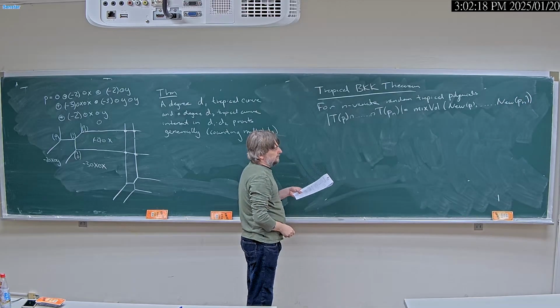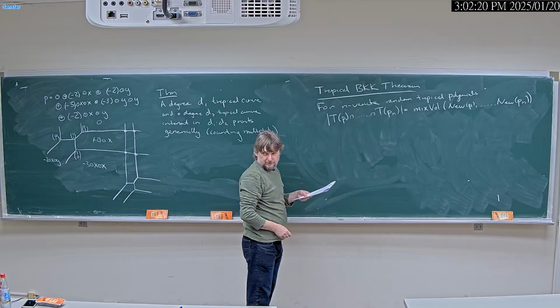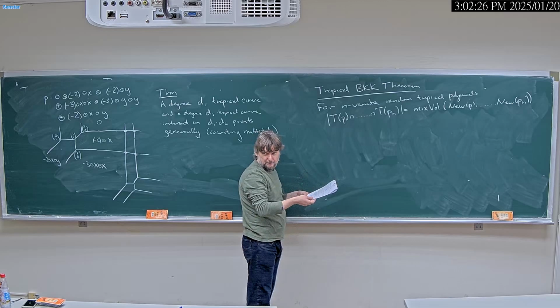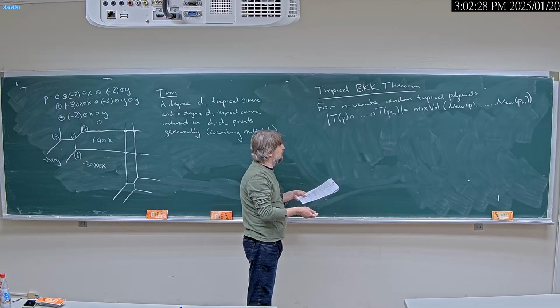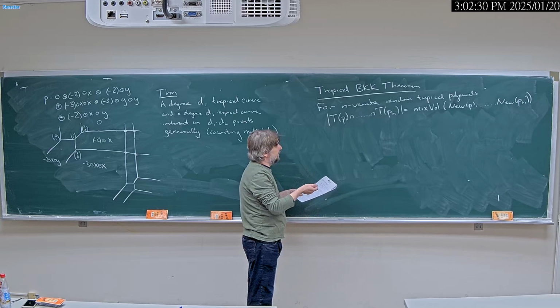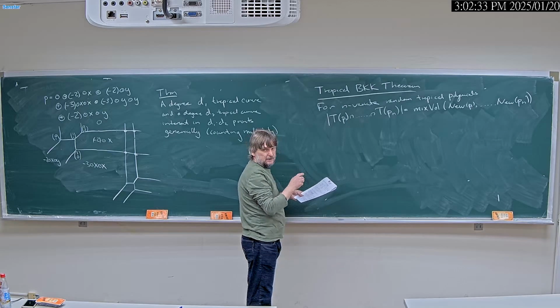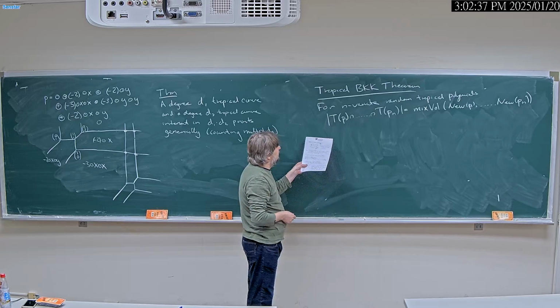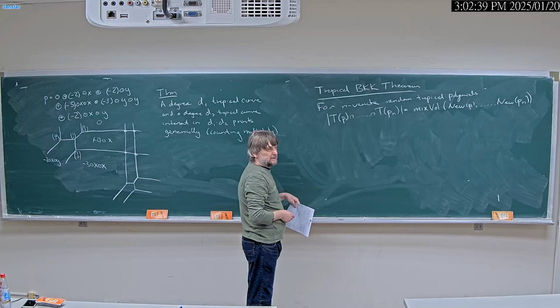Now, I did not define what a Newton polytope of a polynomial is. I also did not define what a mixed volume is, but it has something to do with volume of polytopes, so you can get the number of intersection points by computing some volumes of some polytopes. This is the tropical BKK theorem.